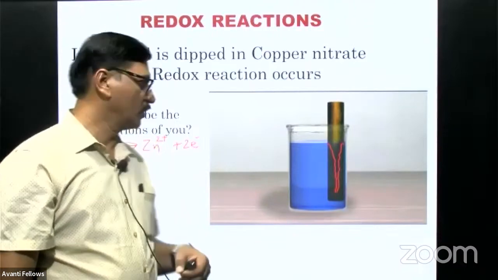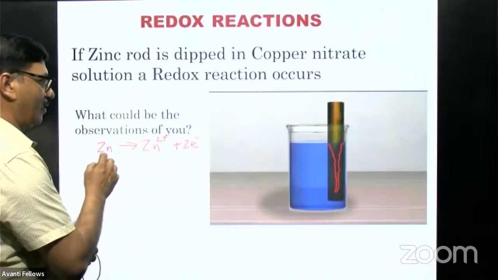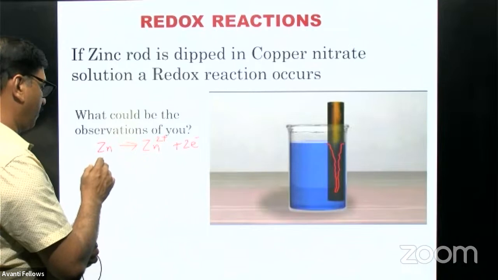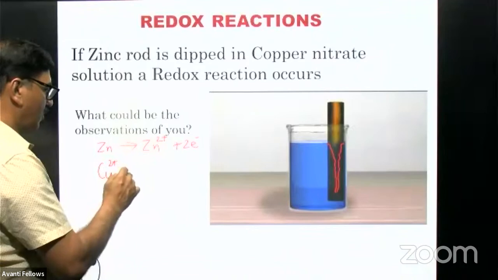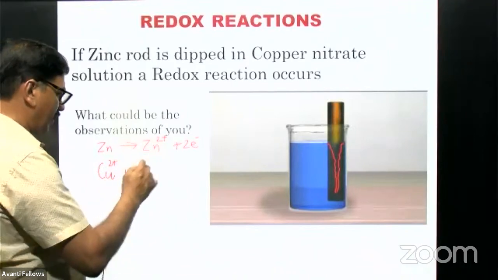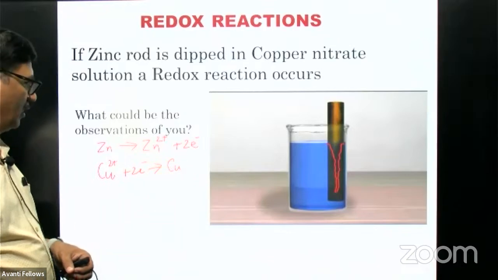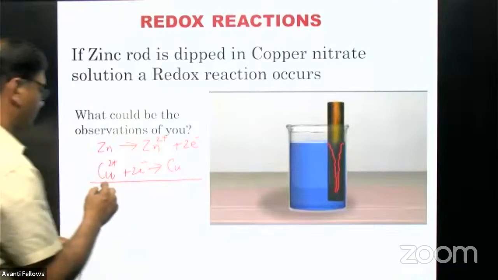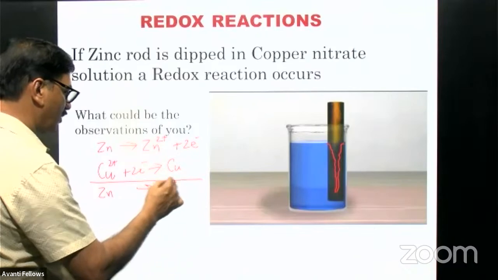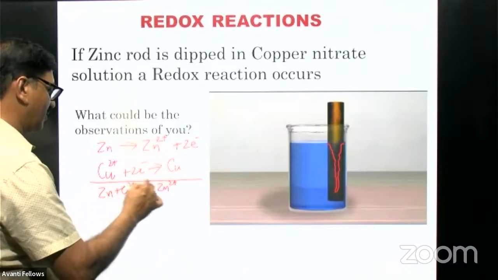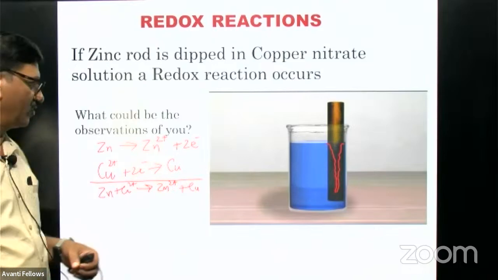It becomes colorless when it has completely reacted. The copper ions undergo reduction, taking 2 electrons to become copper. So the overall reaction is zinc turning into Zn 2+ ion, and Cu 2+ ion converting into copper, which is reduction.